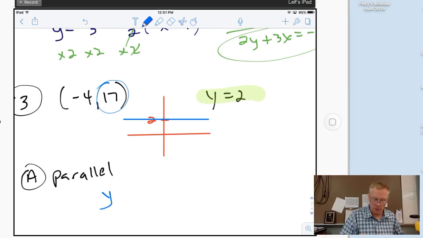So it's going to be y equals something, and the something is going to be 17, which means if I was to graph it, it would be way up here somewhere. But that would be parallel, okay? It would be a horizontal line going through 17 on the y-axis.